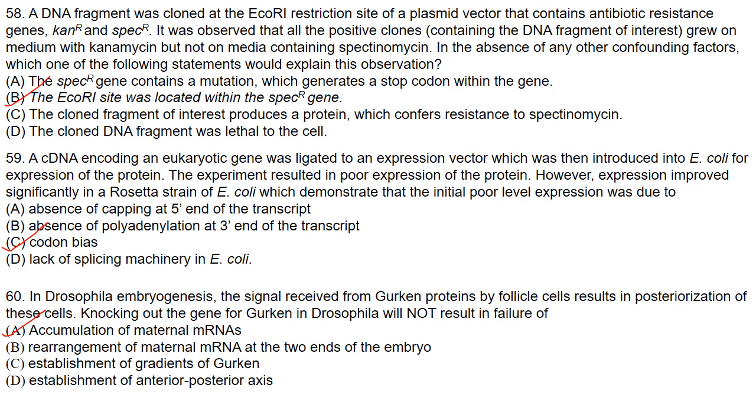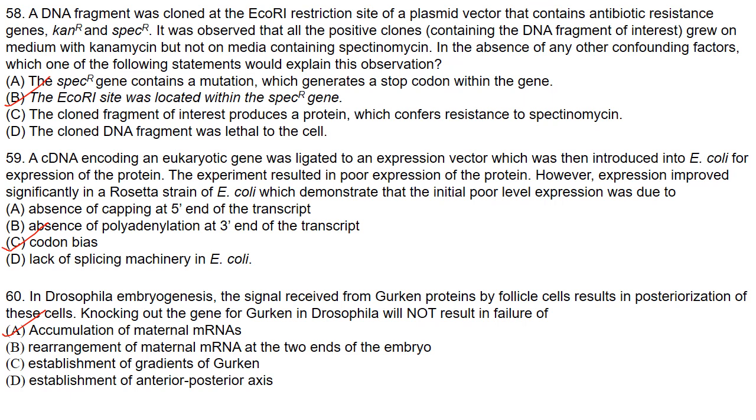Now, you have to see where the EcoR1 site is located, whether it is located in the kanamycin resistance gene or within the spectinomycin resistance gene. So they got positive clones which grow on kanamycin.